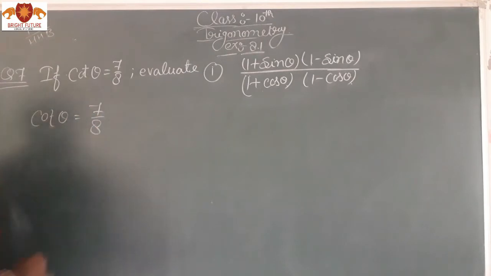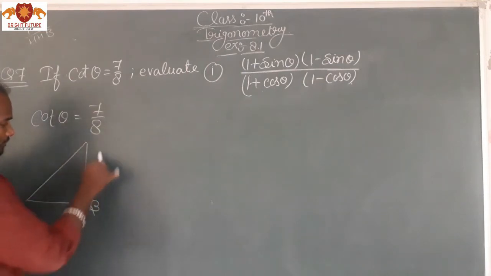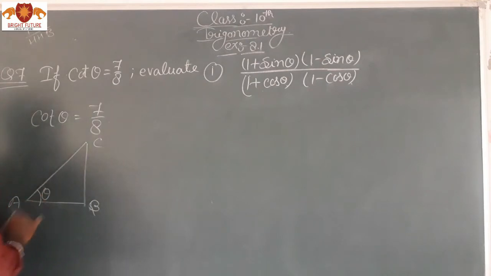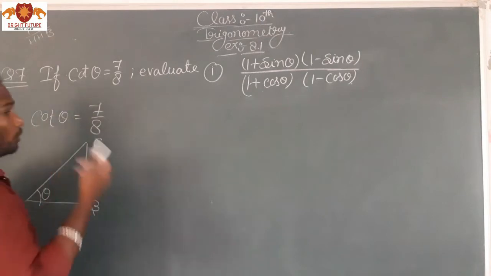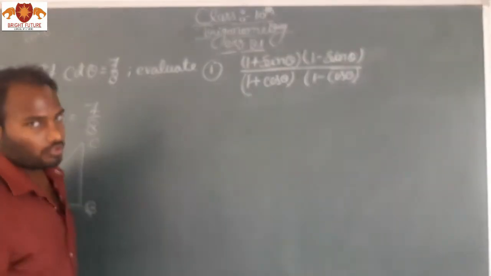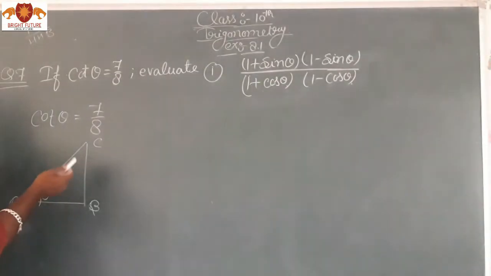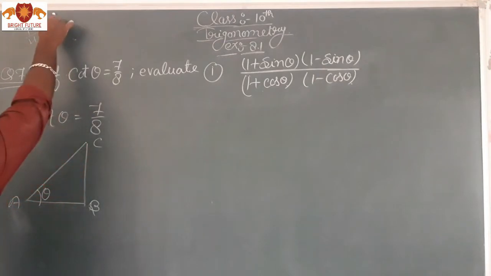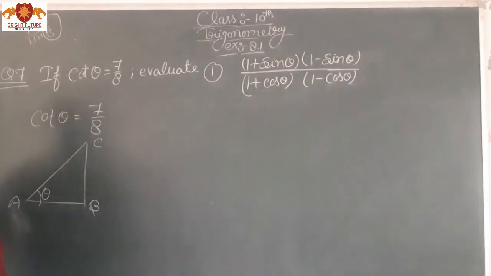Got it. If I draw the diagram, you can clearly see triangle ABC, and here is theta. What is the ratio of cot? Cot means base upon perpendicular, got it.